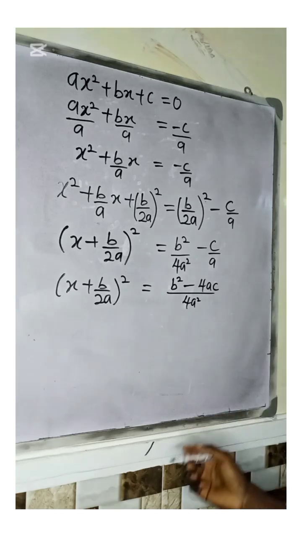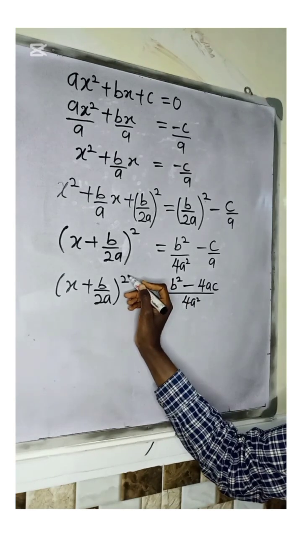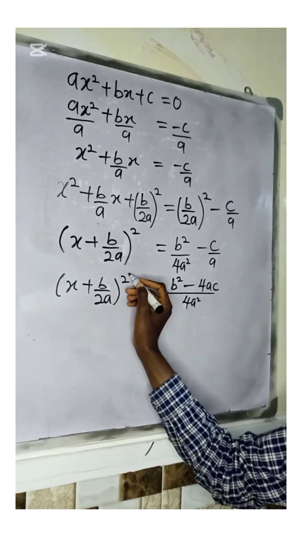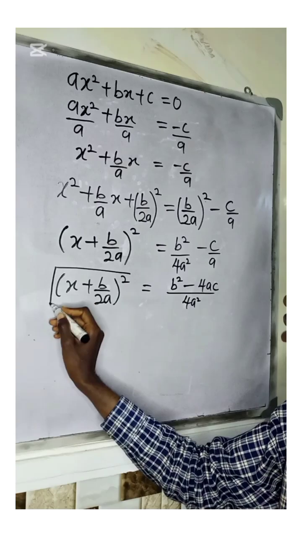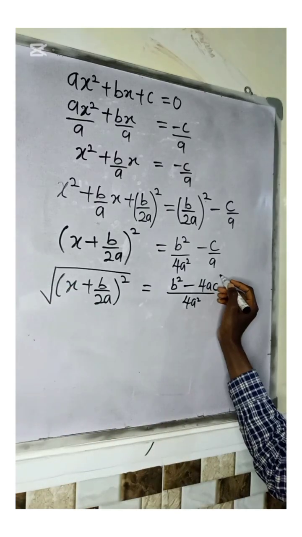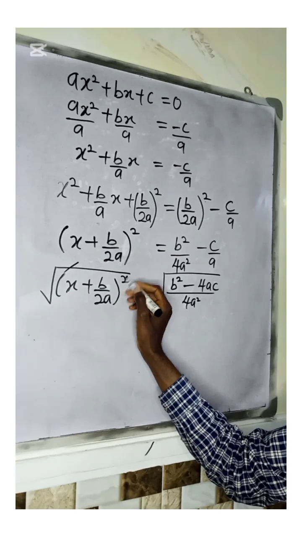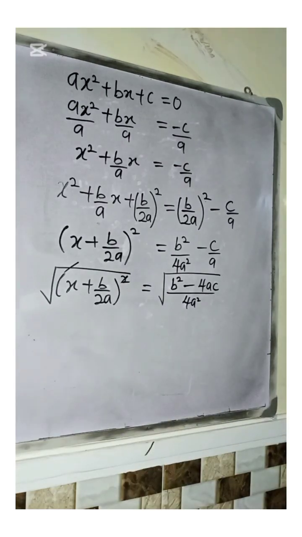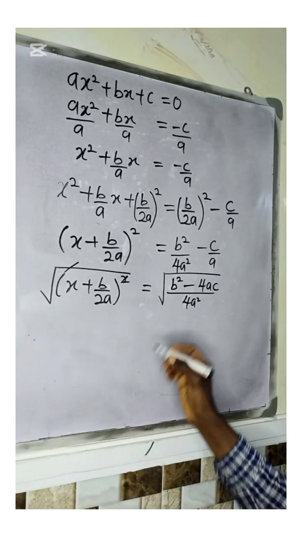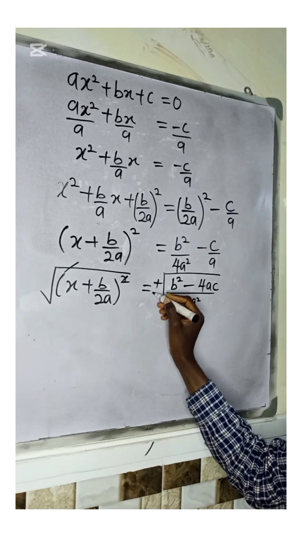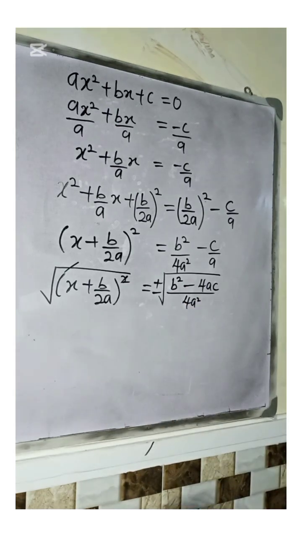At this point, we take the square root of both sides, to take care of this square. When you want to take care of a square, you introduce a square root. So the square root of both sides, this square root will cancel this. And because we have taken the square root of both sides, we have plus or minus. So what are we left with?